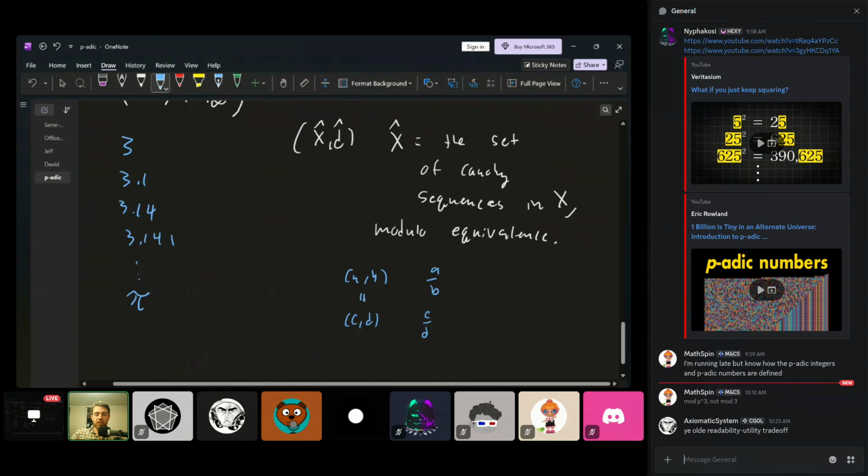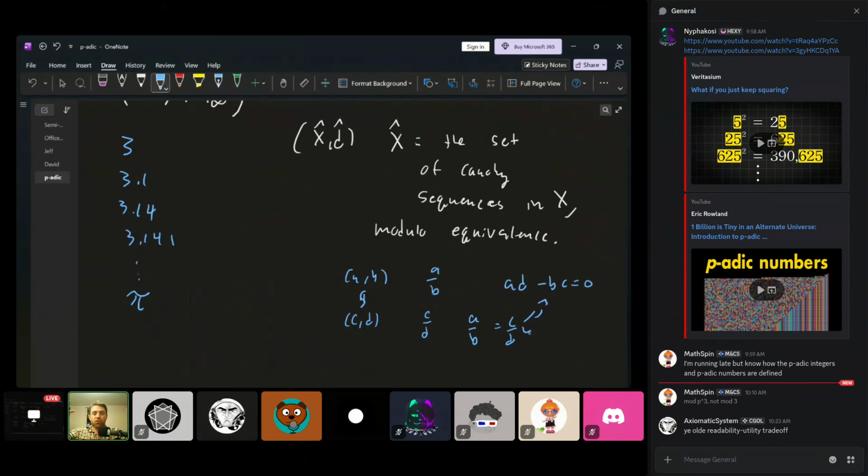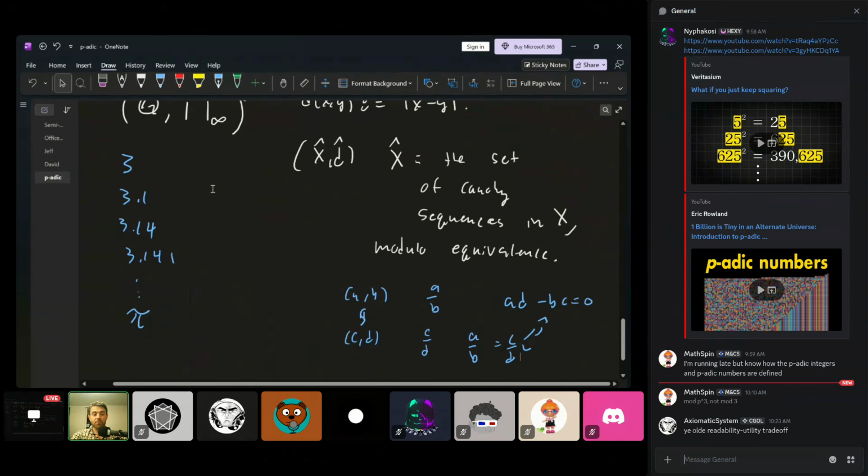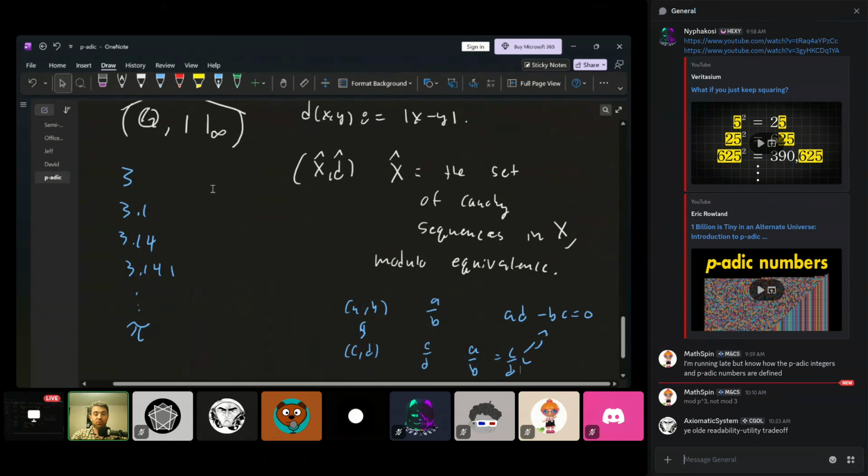We say these are equivalent if ad minus bc is equal to 0, because you would exactly get that if those fractions were equal. So we build it up in these pairs, but we have to give this rigorous definition of what it is first. So in the same way, you're totally right.